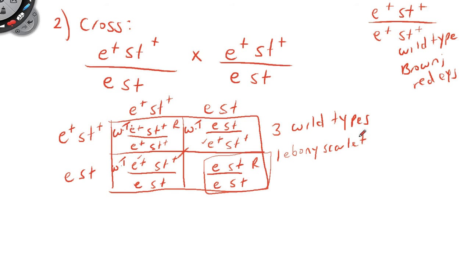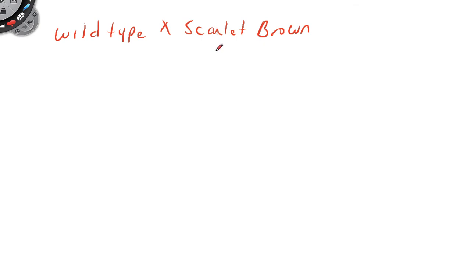All right, let's do another one. What if you have a cross between a wild type and a scarlet brown? So brown body and scarlet eyes. So again, let me just write down the key here.